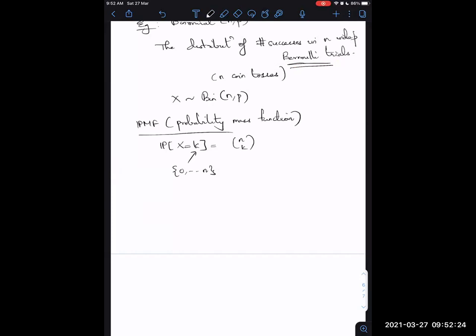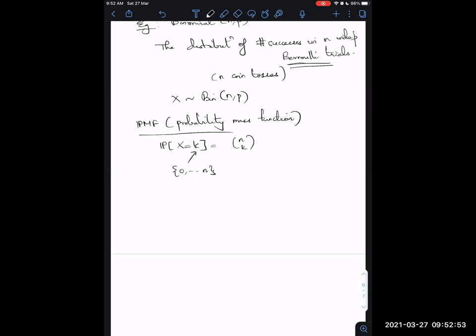Let's order these k successes. We have picked k successes, now let's call them 1 to k. And the first of those k successes happens with probability what? P, exactly. Now you have k of them, and these k of them are independent.